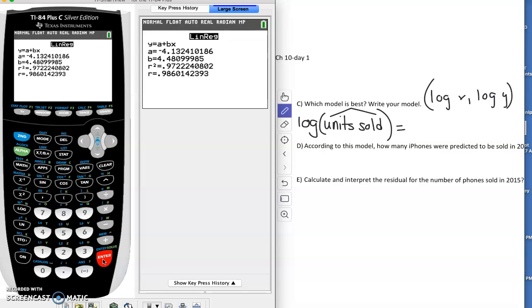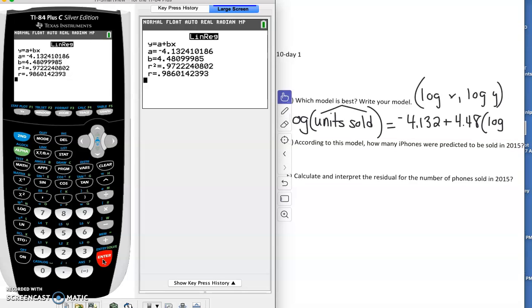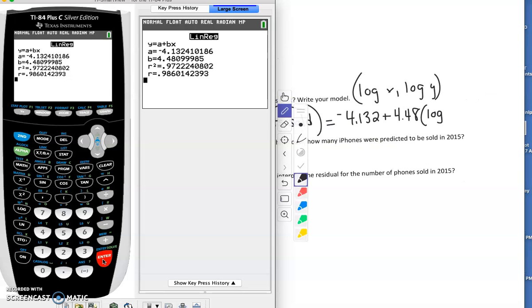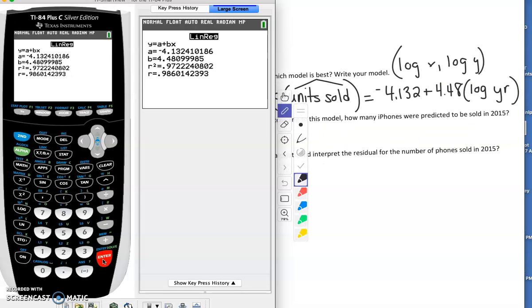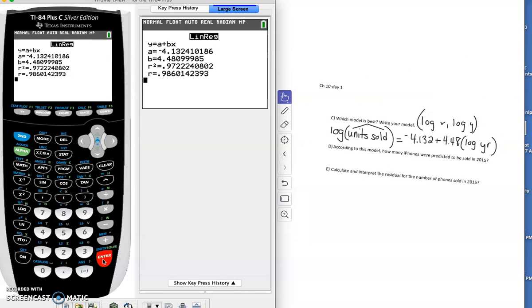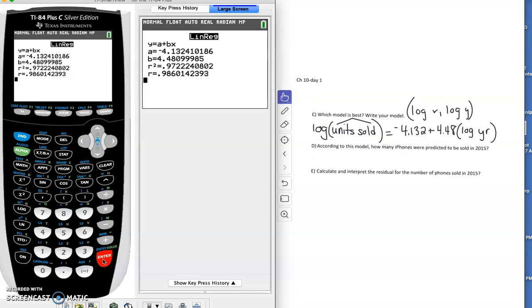So the log of units sold is equal to negative 4.132 plus 4.48 times not years, but the log of years. Okay, so I've got the log in there twice this time. I'm going to just zoom out a little bit so you can see.